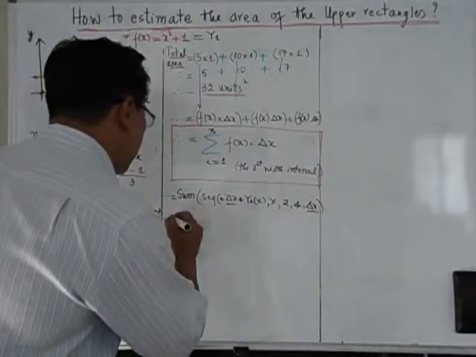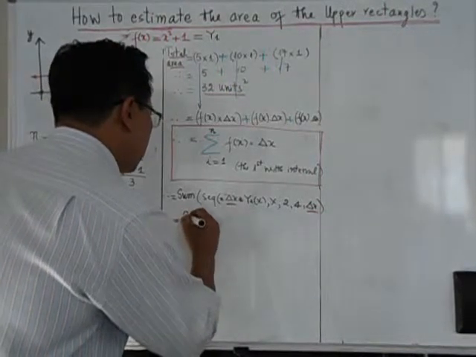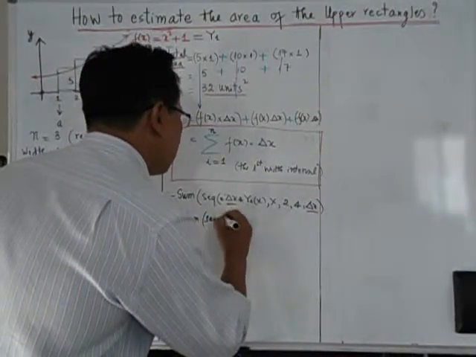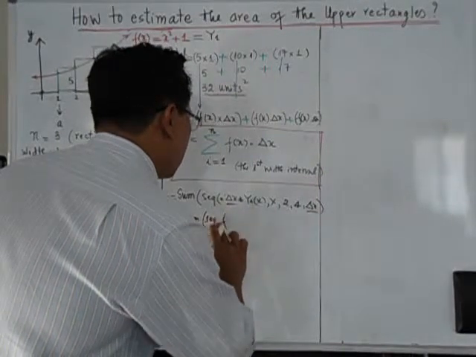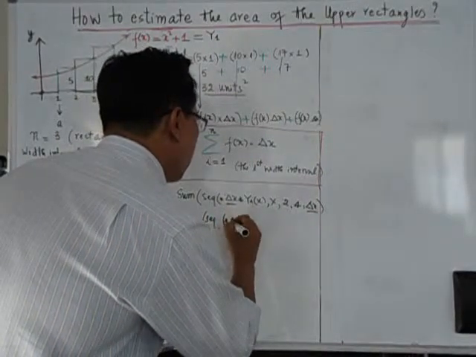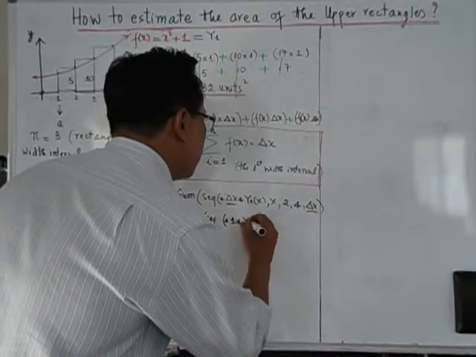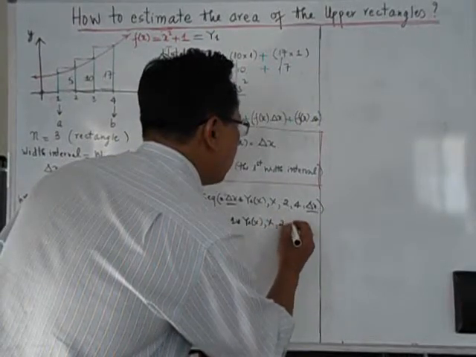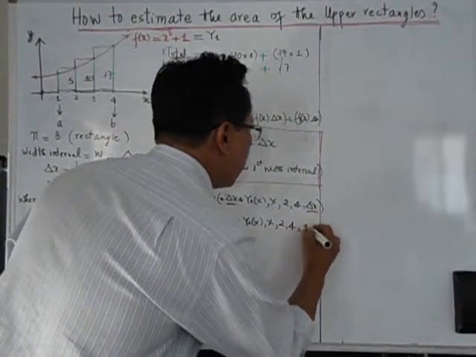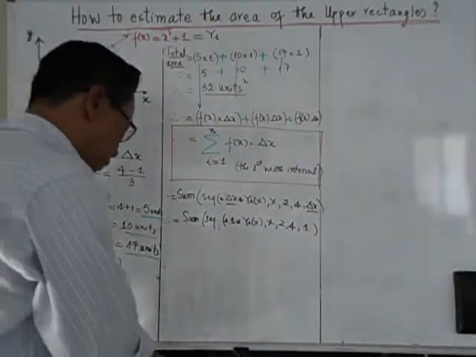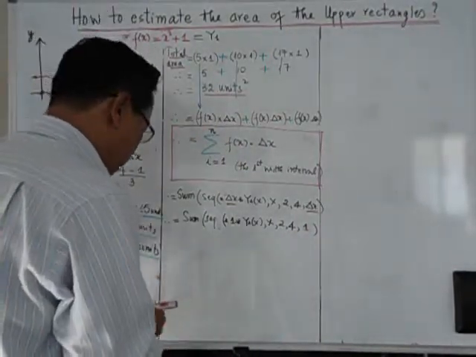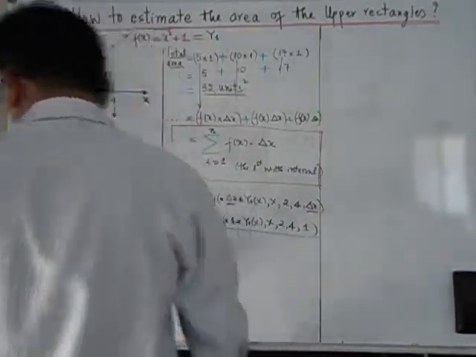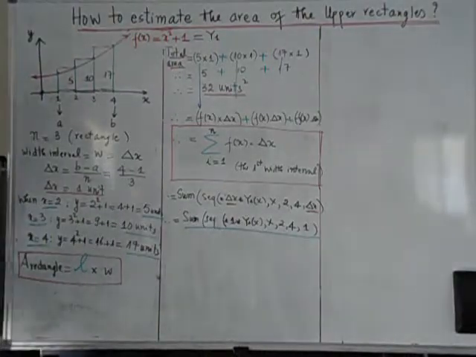If we substitute the numbers in, the summation of the main function of variable x, 2, comma, 1. So now I show you how to use technology.